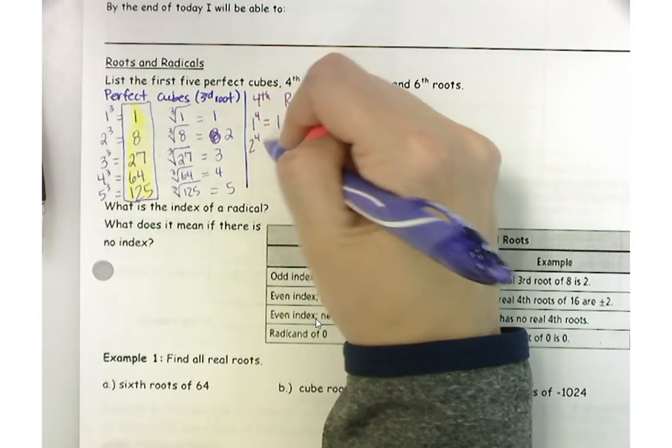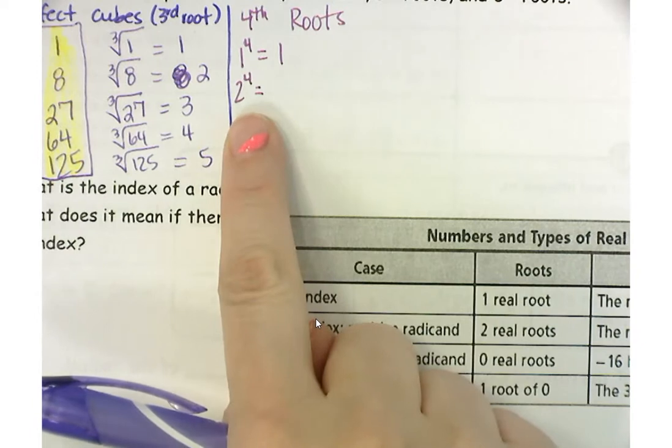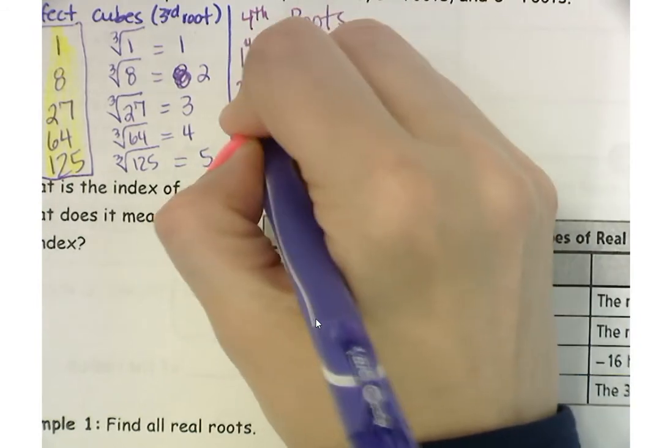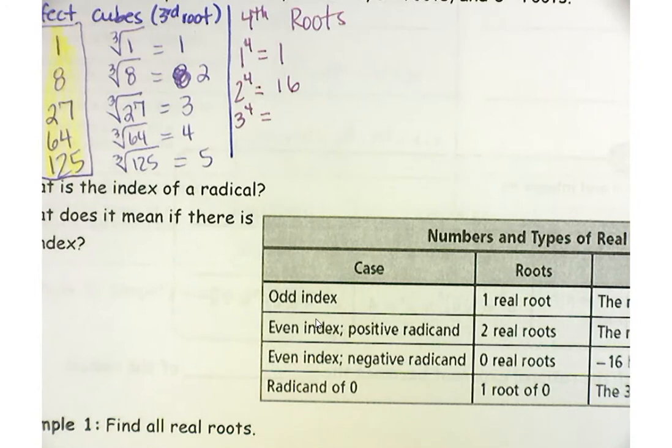What's 2 times 2? 4. 4 times 4 is 16. Okay, 3 to the 4th, just think of what's 3 squared. What? 3 squared isn't 81. No, I know, but what's 3 times 3? 9. So really, don't you have just 9 times 9? So that you can do without your calculator.